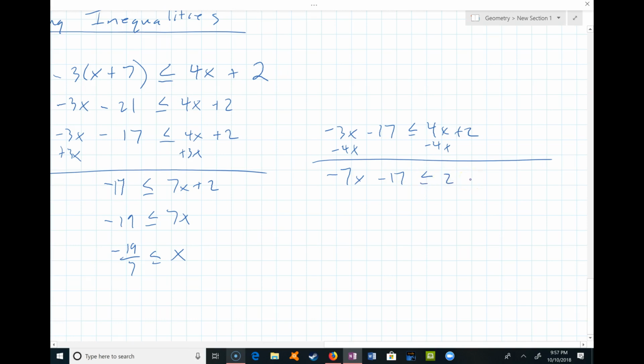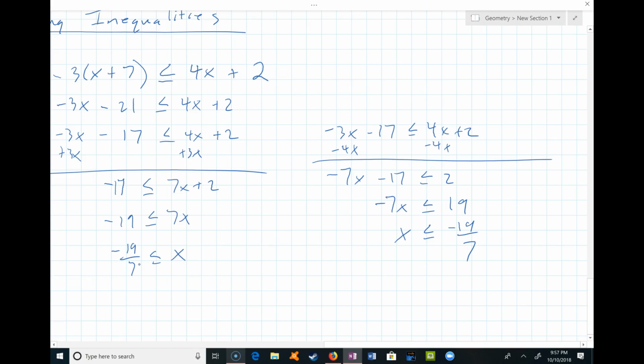Then I'd add 17 to both sides, and I get negative 7x is less than or equal to 19. And now when I divide by negative 7, I get x is less than or equal to negative 19 sevenths. So notice I get the same number as before, but in this case it's saying x is smaller than it. Over here, x was saying it's bigger than that.